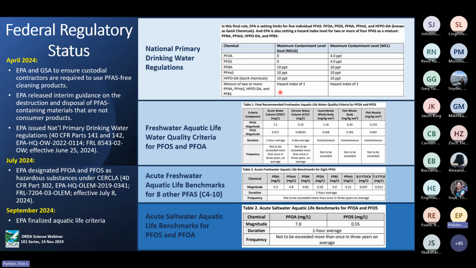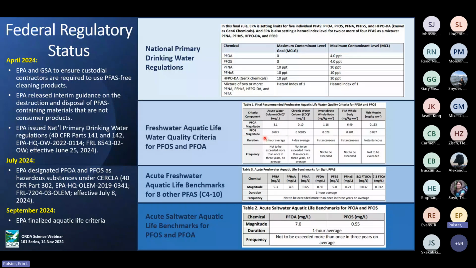There's also a mixture where you can look up, combine these, add 2 or more of these together to determine whether or not they're above the hazard index of 1 or below. They also released the freshwater aquatic life criteria for PFOS and PFOA. These are nearly 6 orders of magnitude higher than our drinking water concentration.